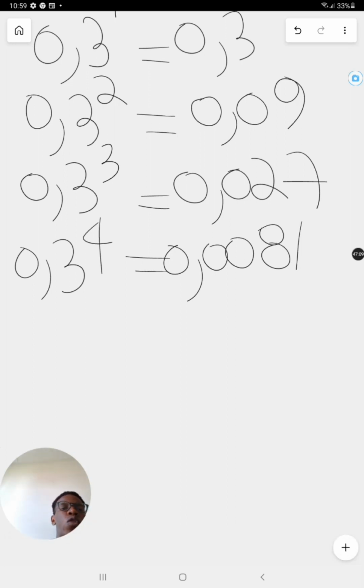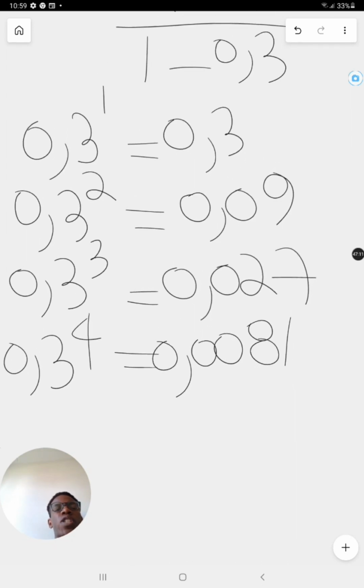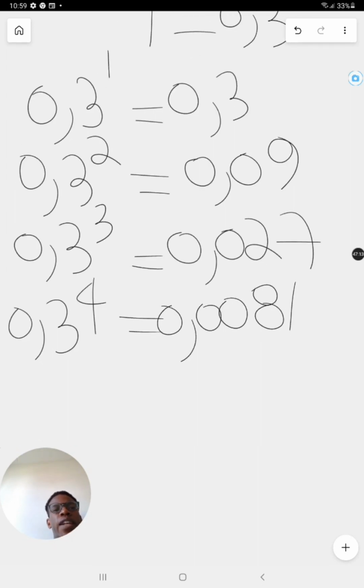What do you notice happening here? We're getting closer and closer and closer to 0, right? 0.3, then 0.09, then 0.027, then 0.0081. We're getting closer and closer and closer to 0.